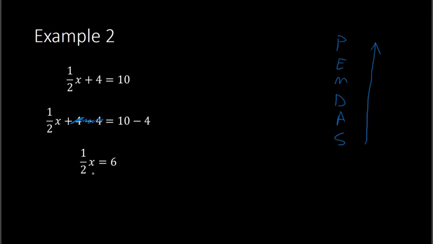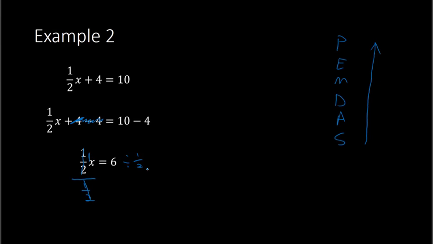From here, there are two ways to think of this with 1/2 times x. One way is that, to get rid of the multiplication, we must do the inverse, which would be division. So we can think of this as dividing by 1/2, and then over here, dividing by 1/2 as well. 1/2 divided by 1/2 would cancel out, and that leaves me with 1x.